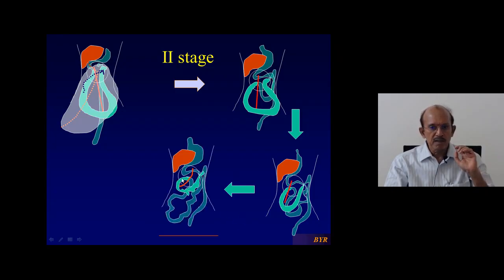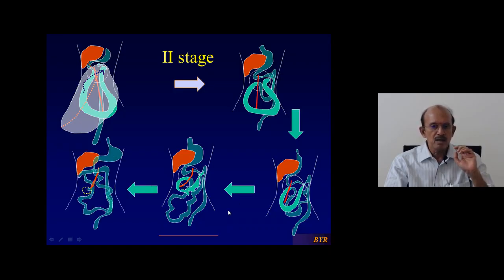Just one little bit of it is there outside. Now, once the pre-arterial loop goes inside, the post-arterial loop also follows. So ultimately, you can see the whole pre-arterial loop and post-arterial loop has passed inside.